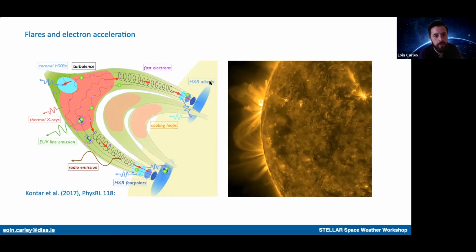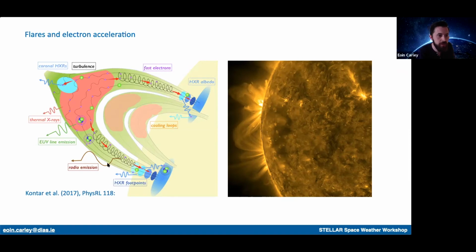When they hit the atmosphere, hit the chromosphere, you get these thick target hard X-ray observations that Shane talked about yesterday. But those same electrons that produce the hard X-rays are almost the same. As they spiral down into the atmosphere, they emit what we call gyromagnetic emissions, and they may even emit plasma emissions. But for the most part, for the low atmospheric heights, we're going to talk about gyromagnetic.